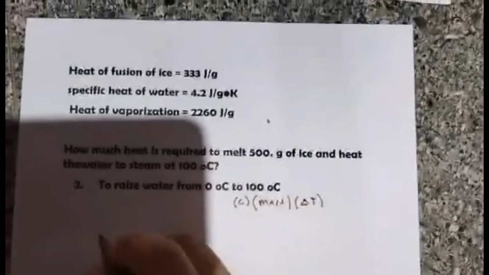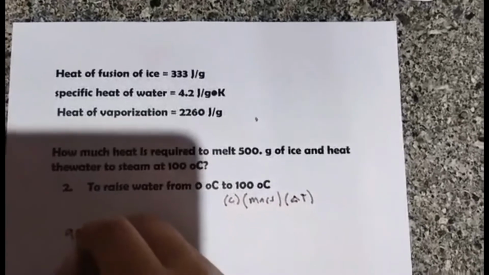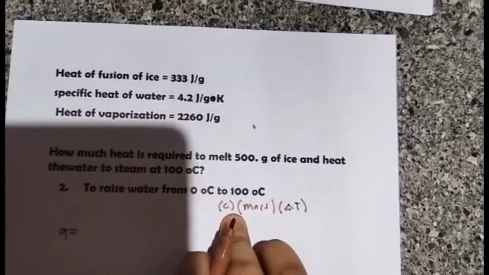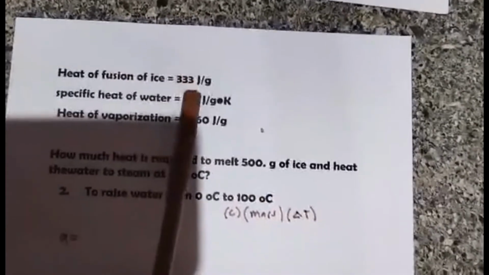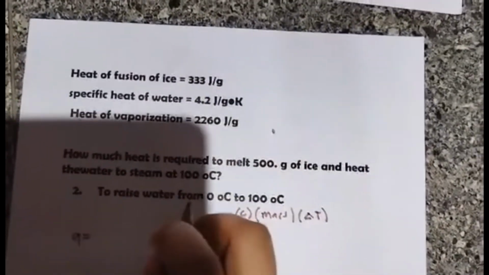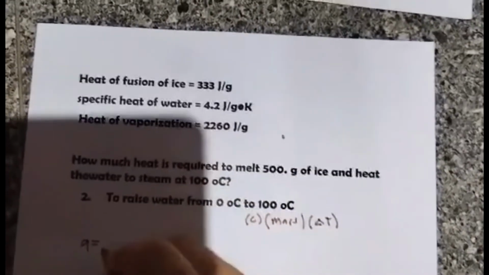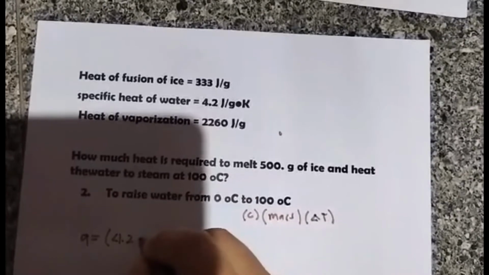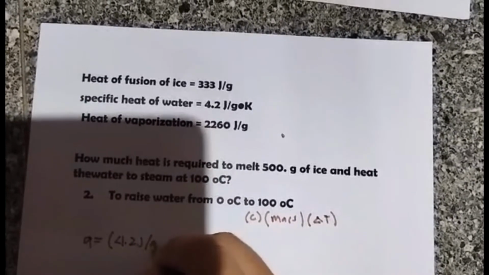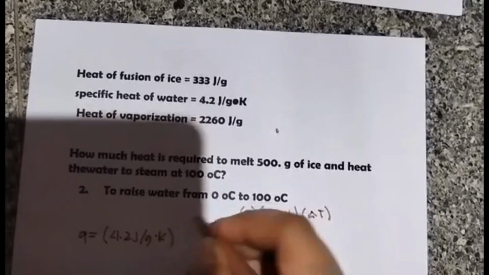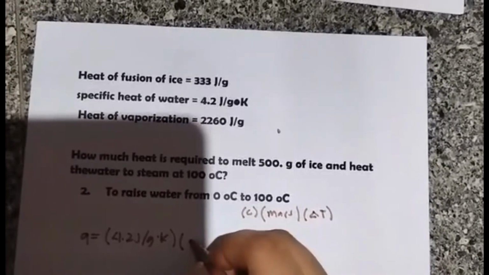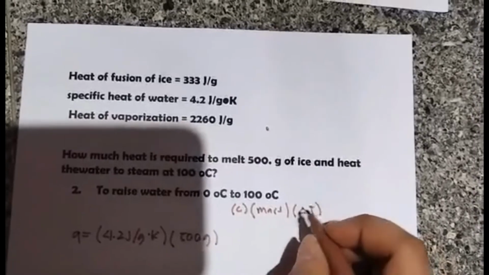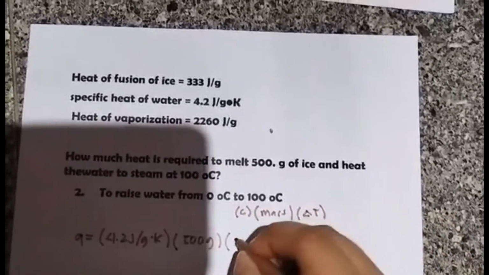So our answer is Q. Our specific heat of water is 4.2 joules per gram per Kelvin. Then multiply the mass, as our mass is 500 and the change in temperature is 100.